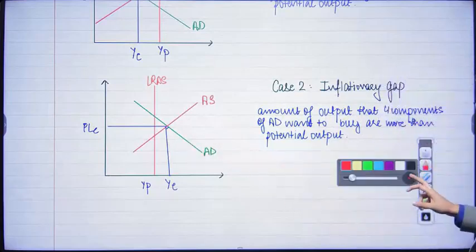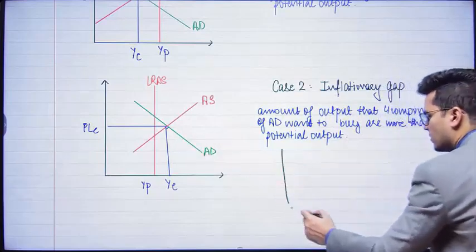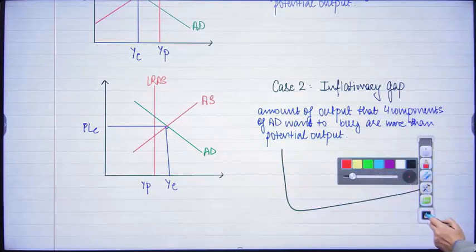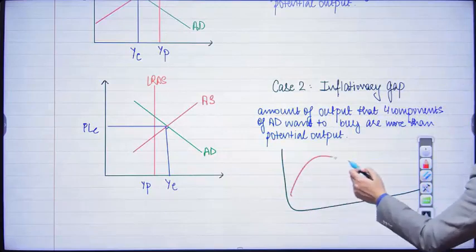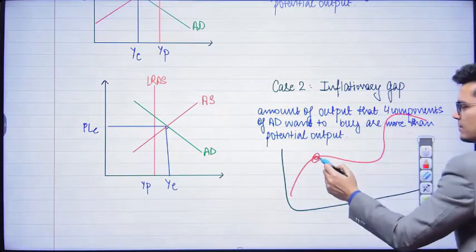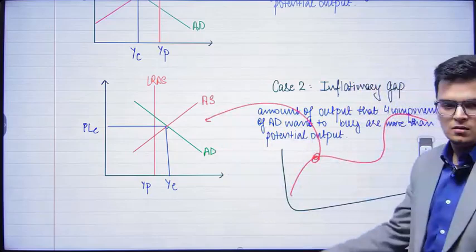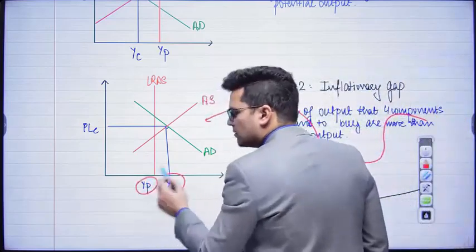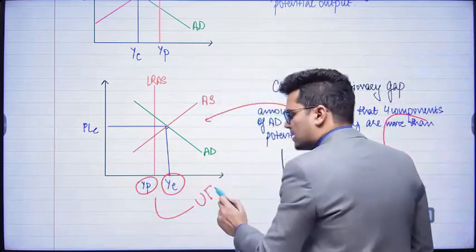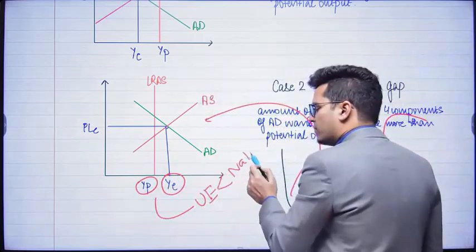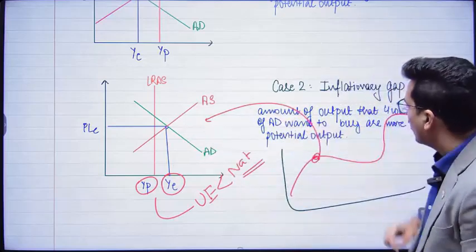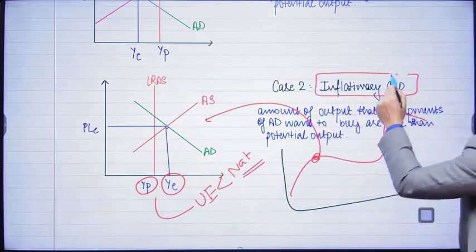So if I draw this graph, this is what business cycle is like. इस टाइम पे it is something like this. Actual GDP is more than potential GDP. Unemployment is less than natural rate of unemployment. Inflation is high and the economy is in an inflationary gap.